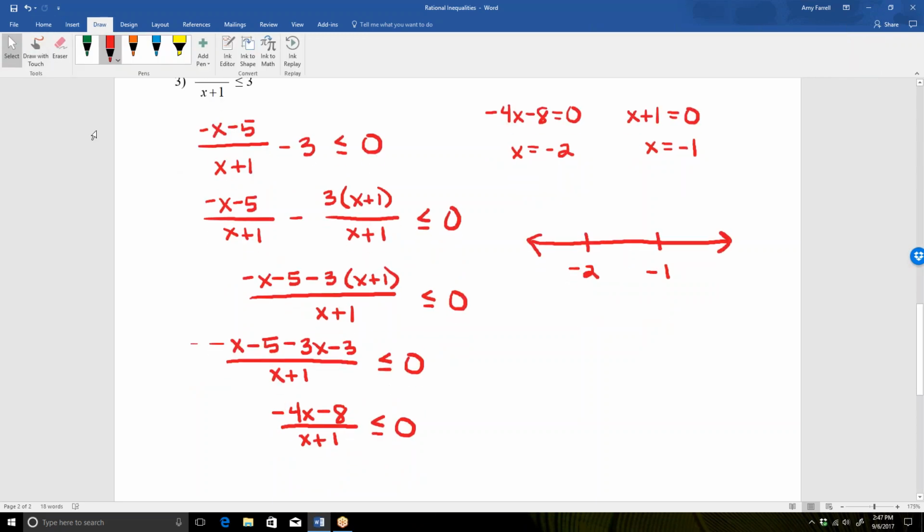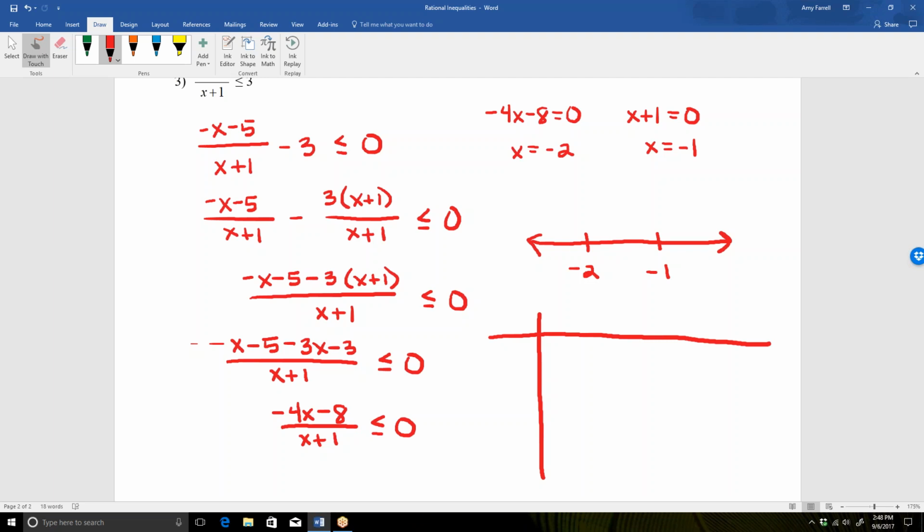Sorry, I'm going to scroll down just a little bit to make my sign chart. All right, so here's my sign chart. I've got 3 intervals. Now we need to be a little careful about our parentheses and brackets here. This symbol is a less than or equal to.